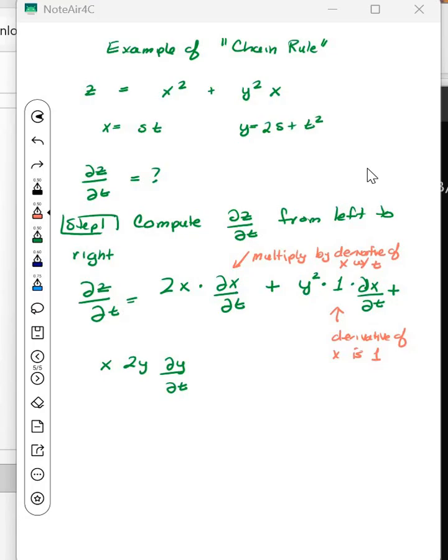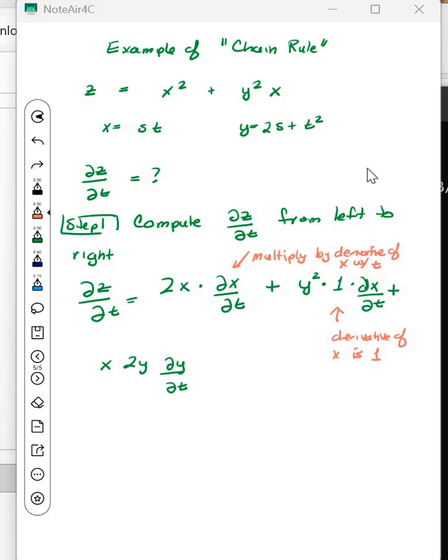Implicit differentiation is also just chain rule. That's exactly what it is. Multiply by the derivative of x with respect to t. So I left out the "with respect" because I ran out of room.